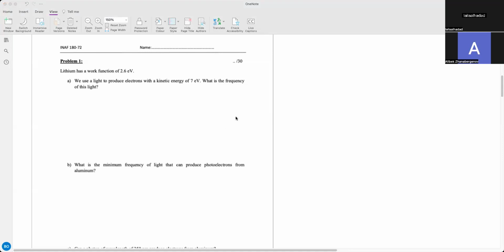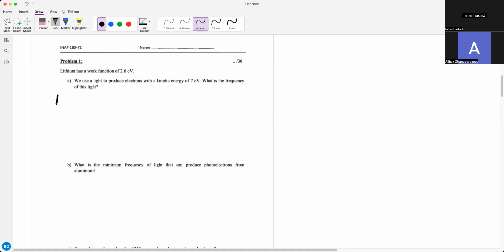Can you see my slide? The exam? Yes. Okay. Any idea? We have to use the formula that hf is equal to the work function plus the kinetic energy, and from that we can find the frequency. Yeah, exactly.